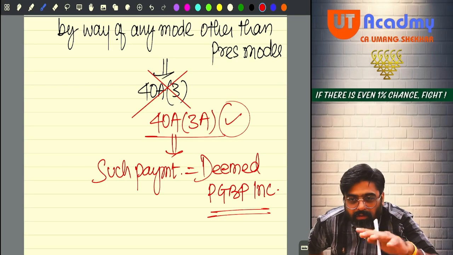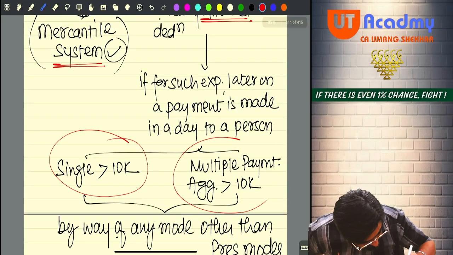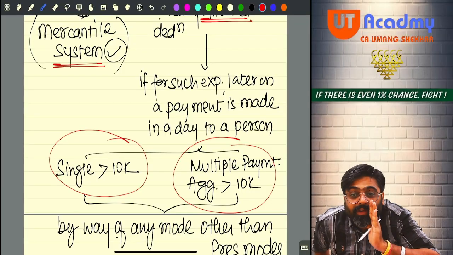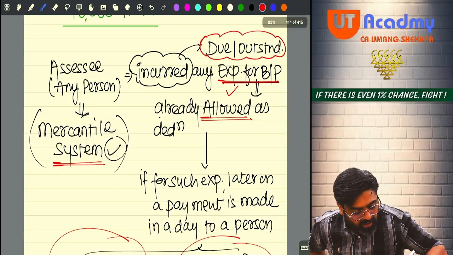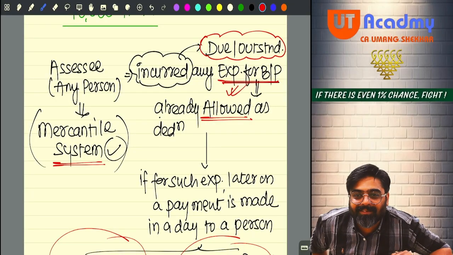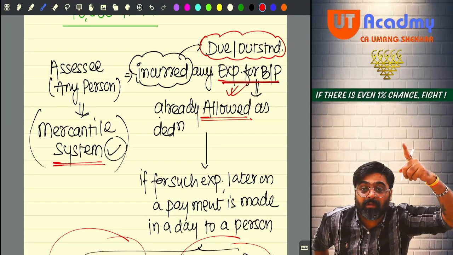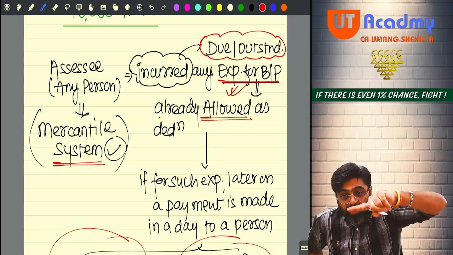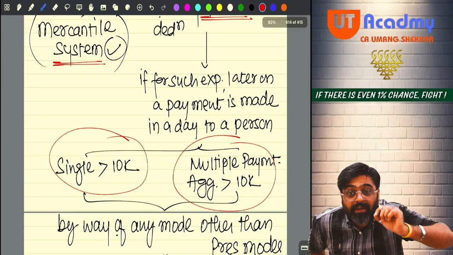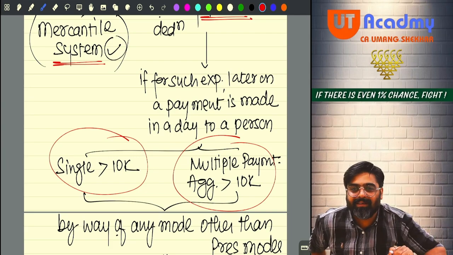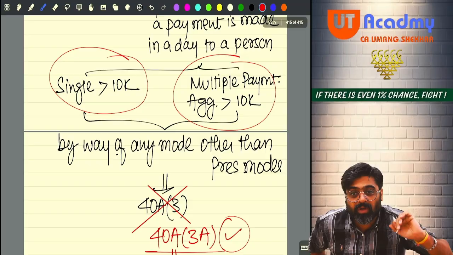Here also, wait. This limit will be 35,000. If the business expense allowed was transport or freight charges on due basis. So transport or freight charges allowed on what basis? Due basis. And now later on the payment for transport or freight charges is made and that payment is more than 35,000. Then the payment should have been done by prescribed modes.